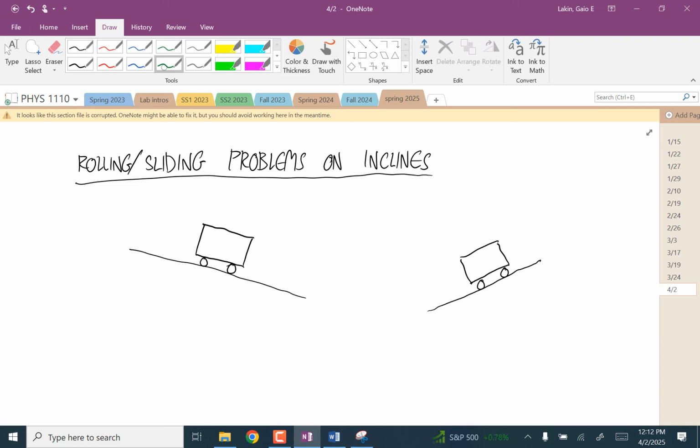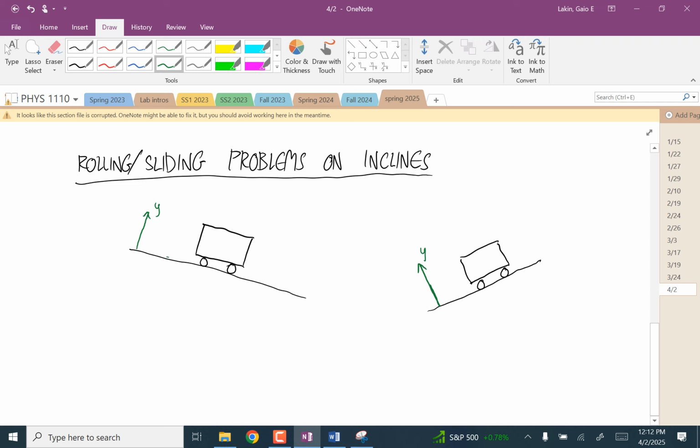The coordinate system we're going to choose always has the y-axis pointing directly out of the surface. So the y-axis is going to point this way, and this way on the other one.